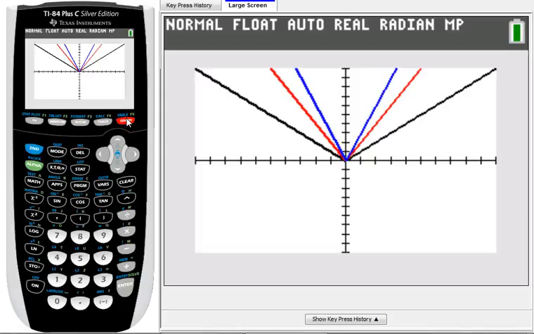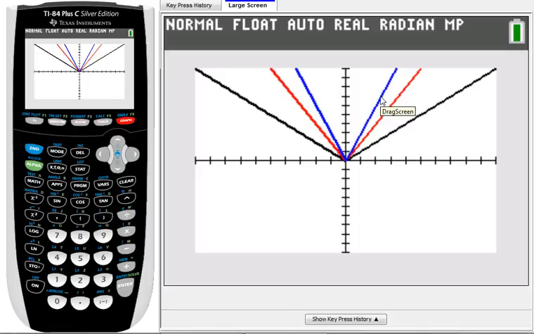So what's changed? Because we didn't move anything left or right or up or down. What happened? Well, it looks like we took this black line and moved it in, and then we moved it in even more to get to the blue one.